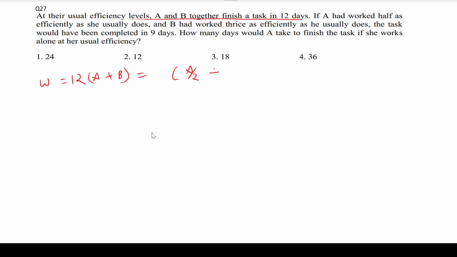And B had worked thrice as efficiently as C does. Thrice. Usually the task would have been completed in 9 days.